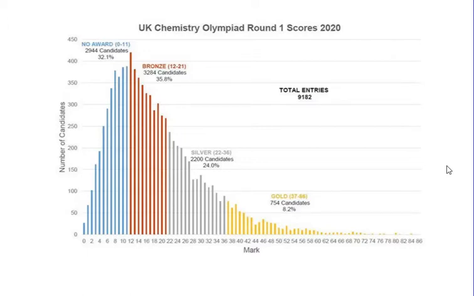It's a challenging paper that's set beyond the level of A level and challenges your problem solving skills. And what you can see is that here actually somebody did score 0 marks, and in our distribution we're going to look at nobody's going to get 0, but very few people score absolutely nothing. But then we've got quite a lot of students scoring quite low marks and very few scoring the very highest marks.